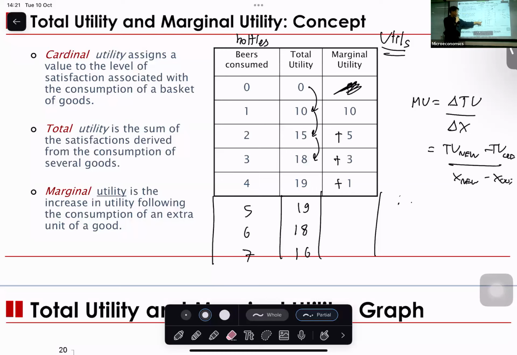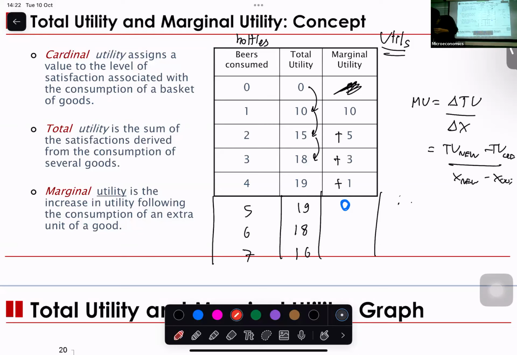Let's work on this. How about MU from bottle number 5? Oh, bottle number 5 does nothing. It doesn't make TU increase. That means MU from this bottle is 0. Marginal utility from the 5th bottle is 0. Okay, number 6. What is MU?